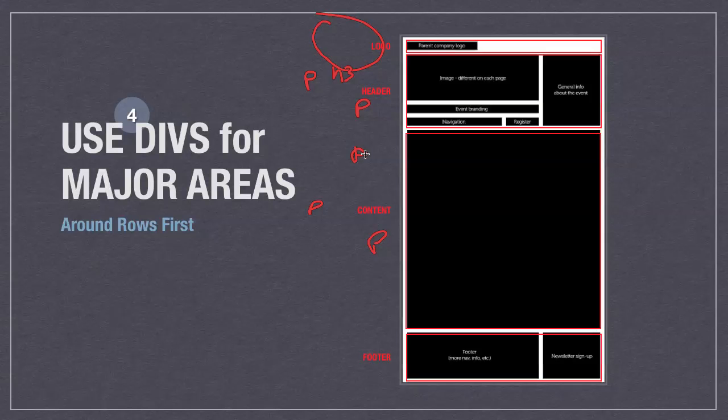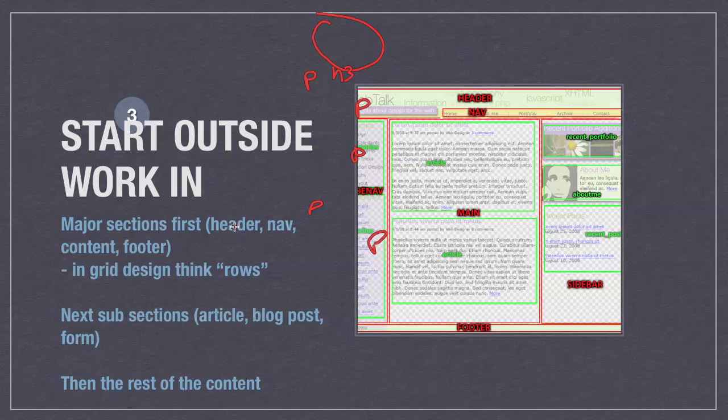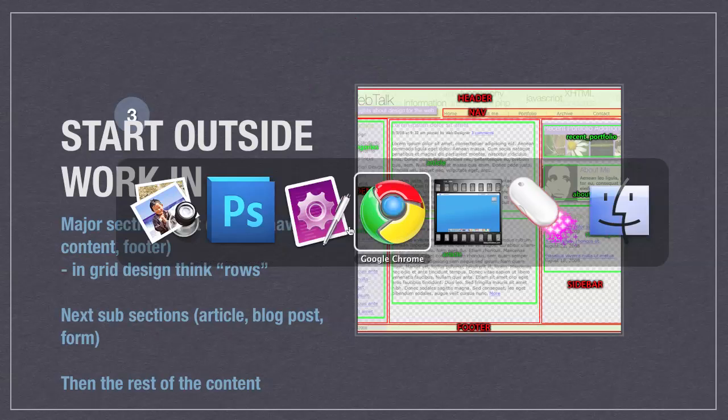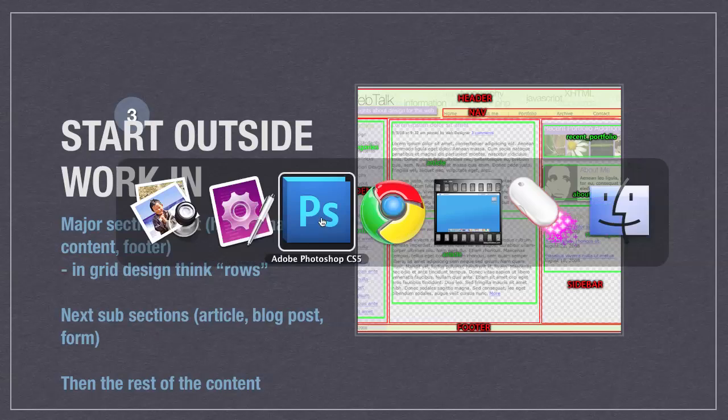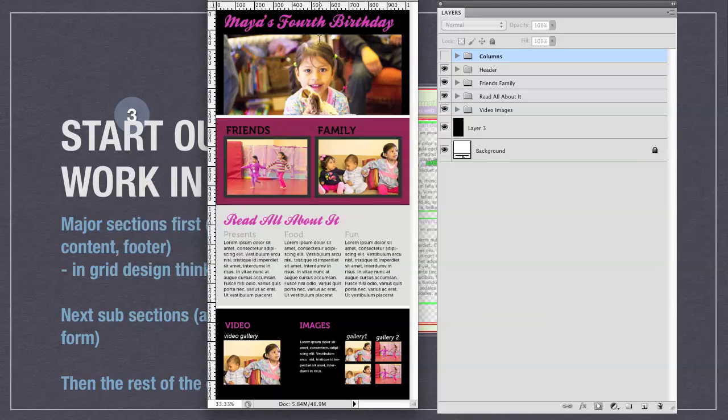Okay, so when we're thinking about those major sections in our document, while we're on this step 3, let's take a quick look at our actual Photoshop file here. So we have a few sections going on.